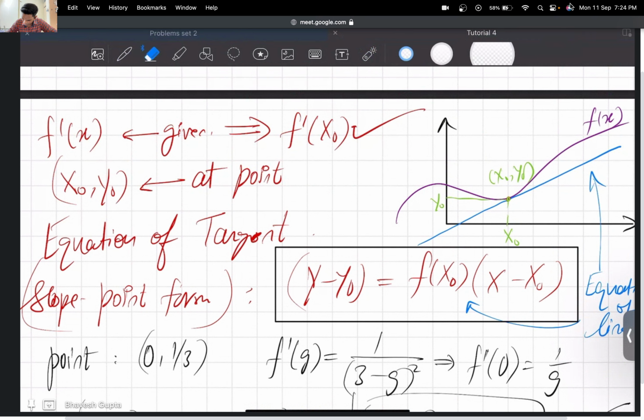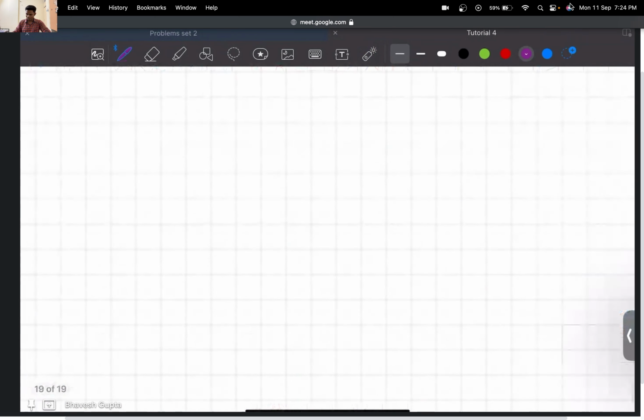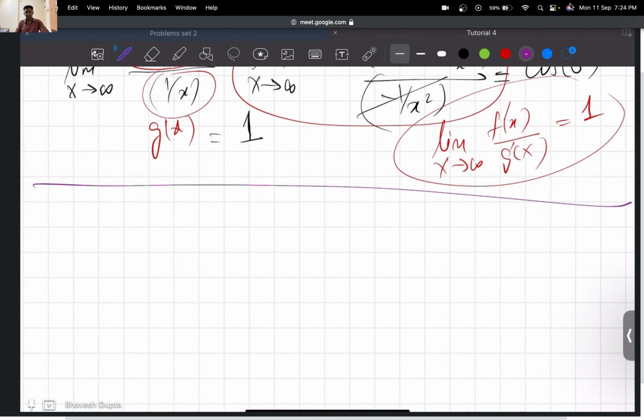That's the right answer. And in case you didn't understand this, ask me, I'll create this again. In case you didn't understand why this is a linear approximation of a function, let me make a small note on it.